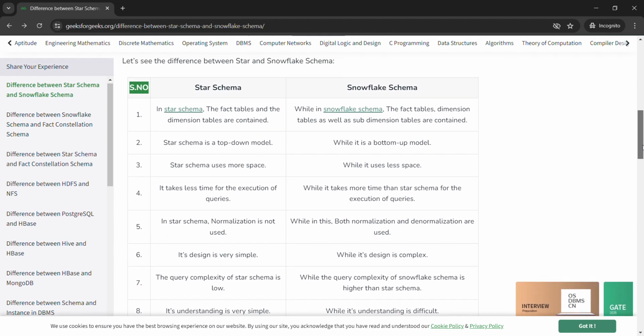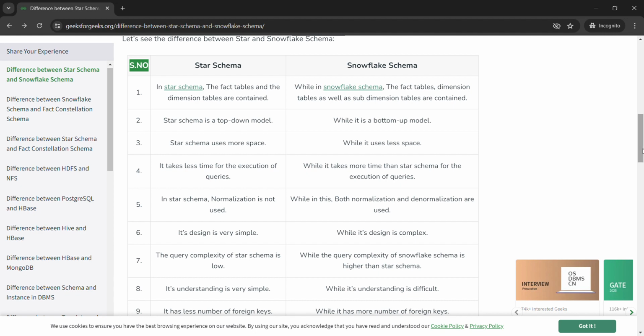The query complexity of star schema is low and the query complexity of snowflake schema is higher than star schema. Star schema's understanding is very simple while snowflake schema's understanding is very difficult.